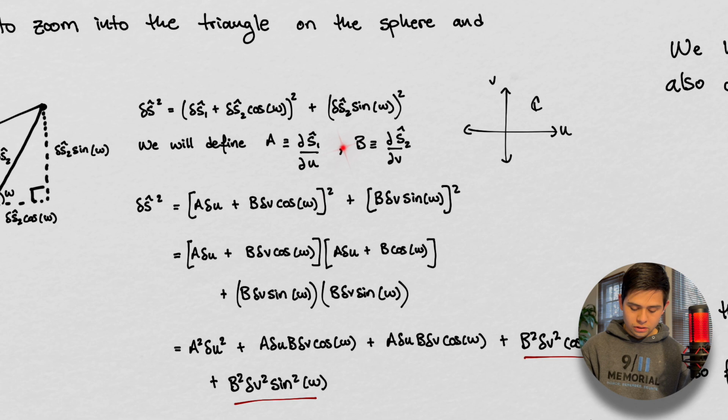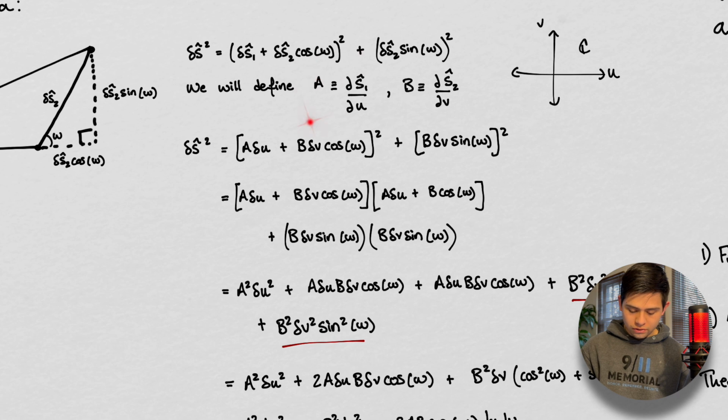So these are essentially parameterizations of distances on the sphere. When we define these, we can then develop this equation. We really just plug these into here, okay, and we get this.